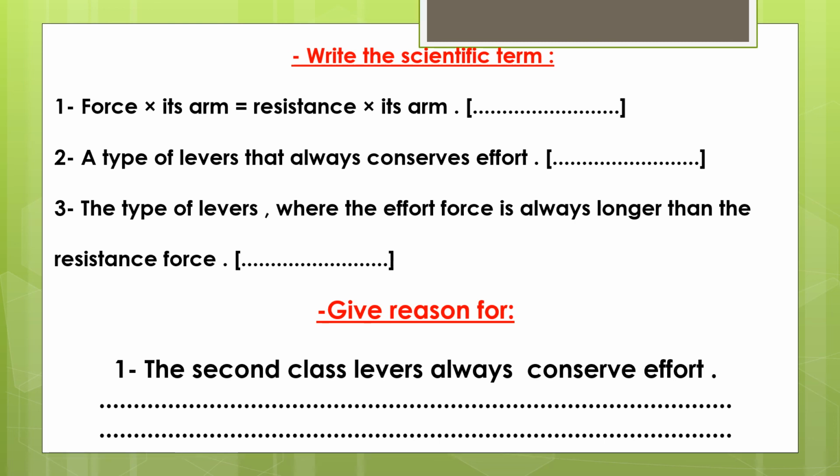Number 1, force times its arm equals resistance times its arm. The answer: law of levers. Number 2, a type of levers that always conserve effort. The answer: second class levers.